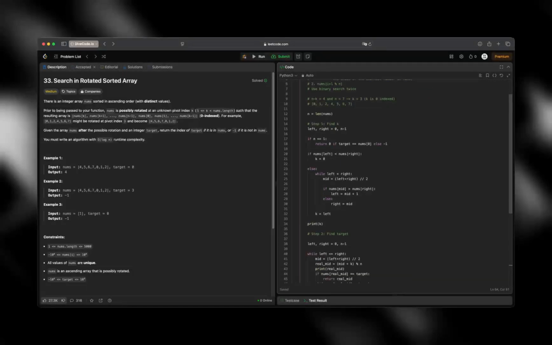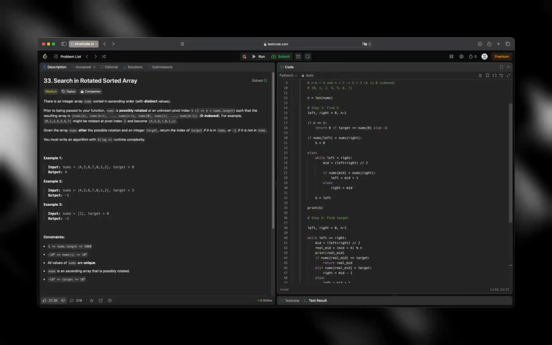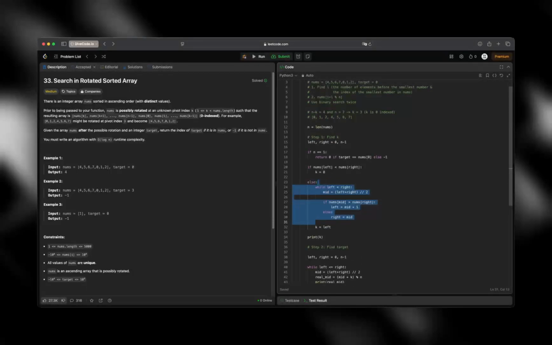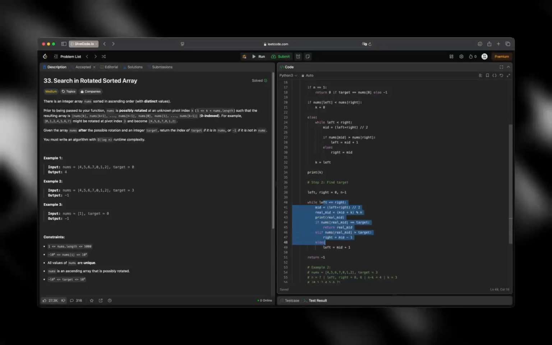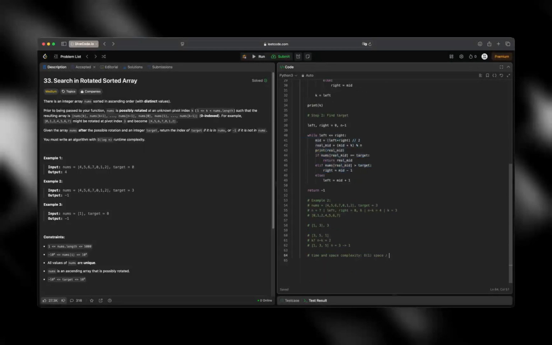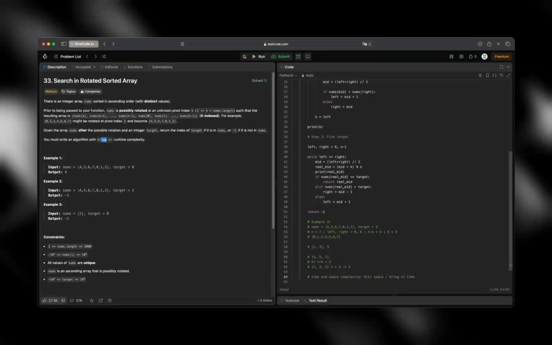And this one is O of log n, where n is the length of nums. And the same goes for this one because we're just doing 2 binary searches here. And the time is O of log n. That satisfies the expected runtime complexity. This sums up. Yeah, that's it.